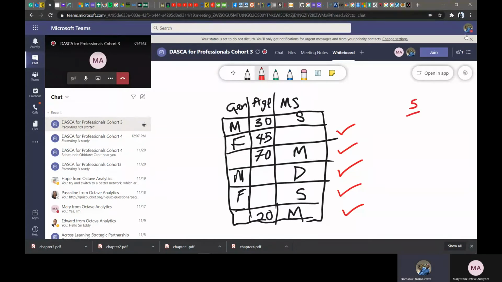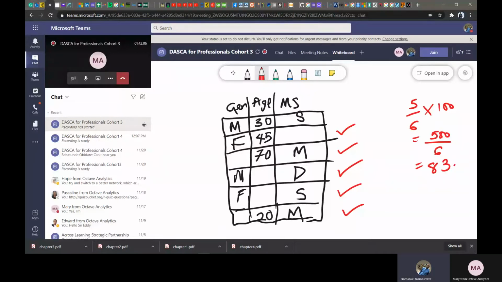Because I want to omit records with missing values, I just omitted 5 over 6. So let me do 5 over 6 times 100. That's 500 divided by 6, about 83. I just omitted approximately 83% of my data set.